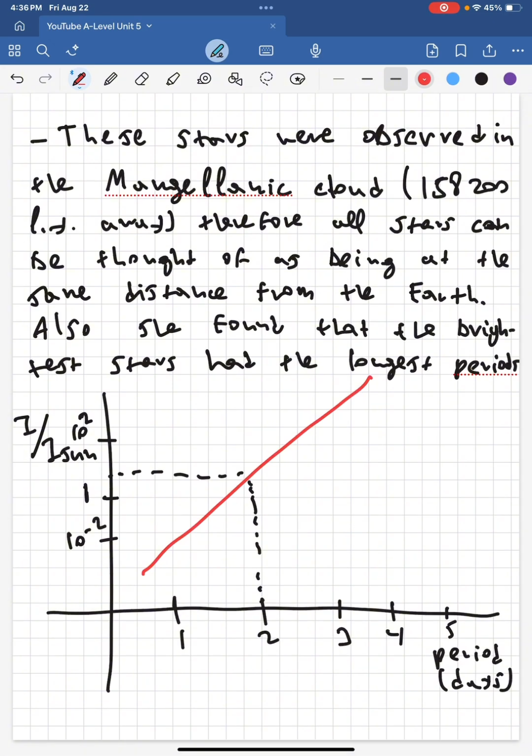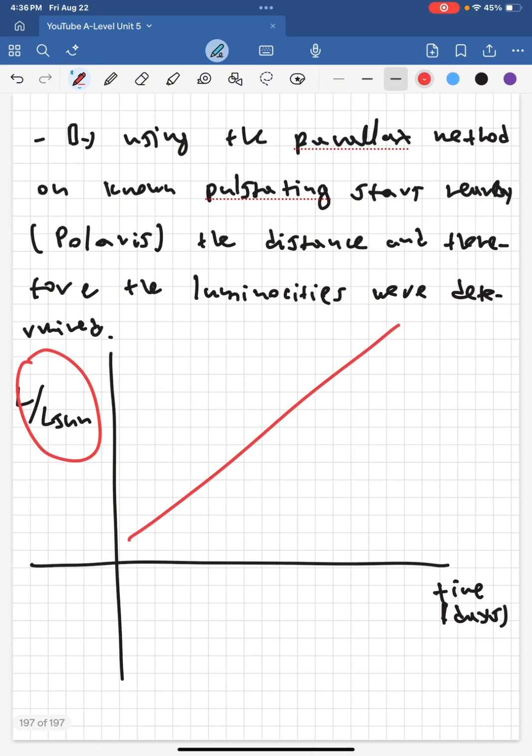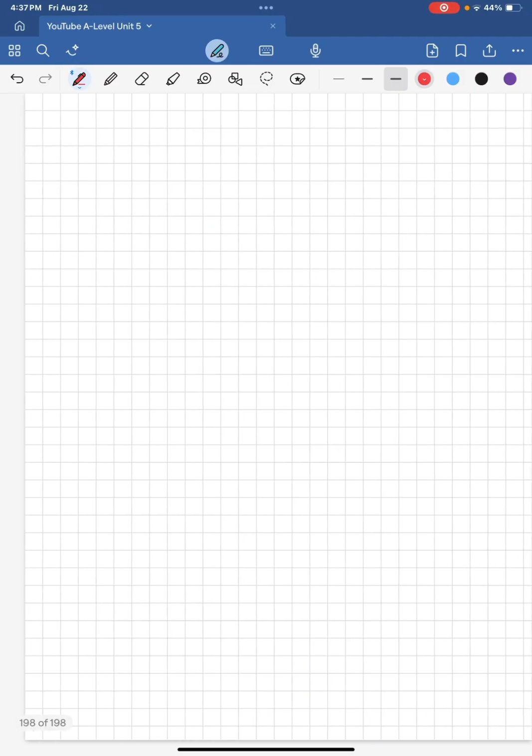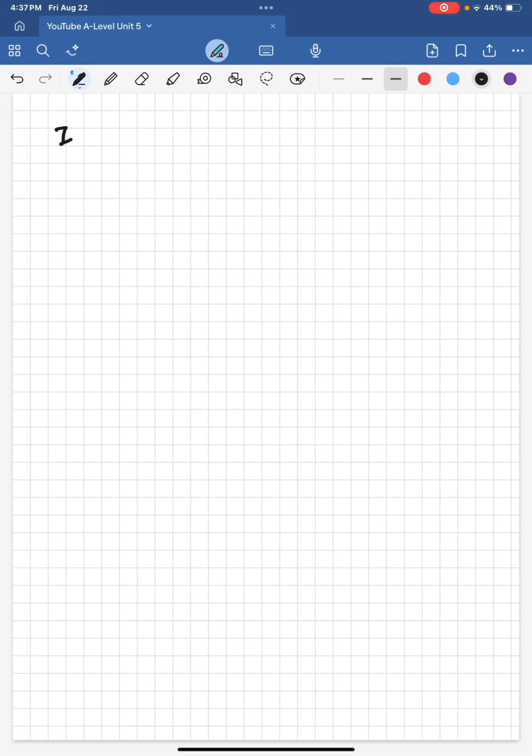So for the Magellanic Cloud, she found this, and then using nearby stars, they were able to find the distance from the parallax method, and by using the measured intensity, they were able to find the luminosity of stars, and therefore we now know that if we find a variable star anywhere in the universe, all you have to do is to come to this plot and say, okay, its period is 5 days, okay, and from those 5 days we can find the luminosity, and once you know the luminosity, all you have to do is to use I equal to L over 4 pi d squared to find the distance.